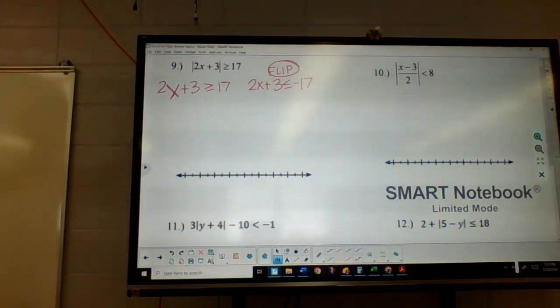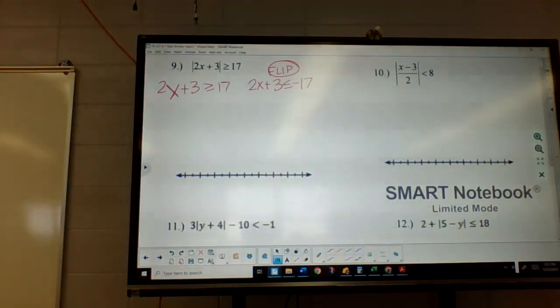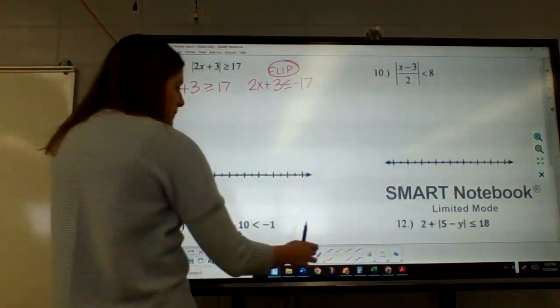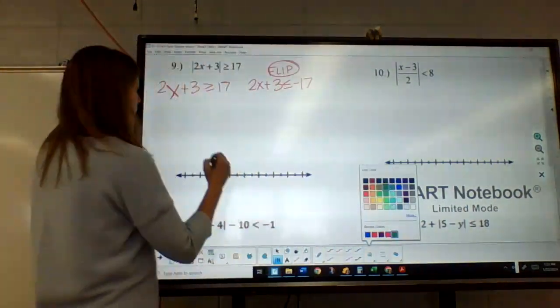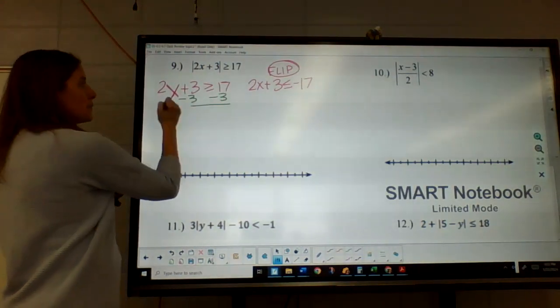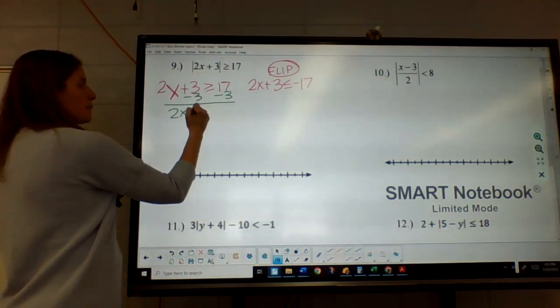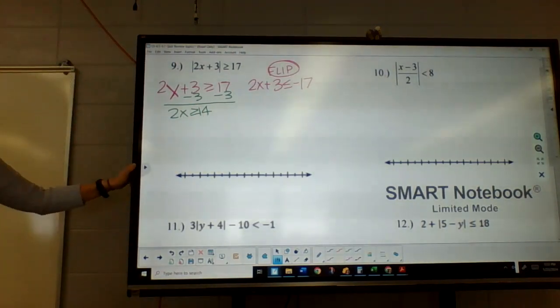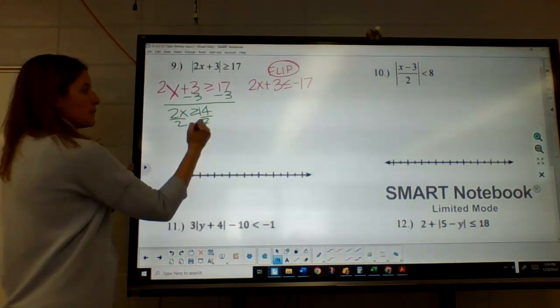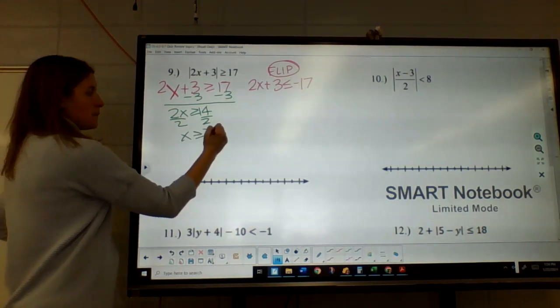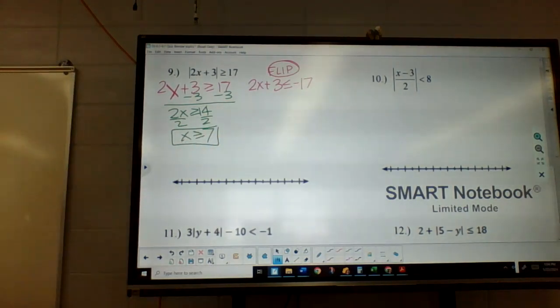I made myself a note that I flipped the inequality on that negative one. I have to solve each of these, then I'll put them on the number line. And once I have them on the number line, I determine if it's an and or an or inequality. So I have 14 there. So there's half my answer.